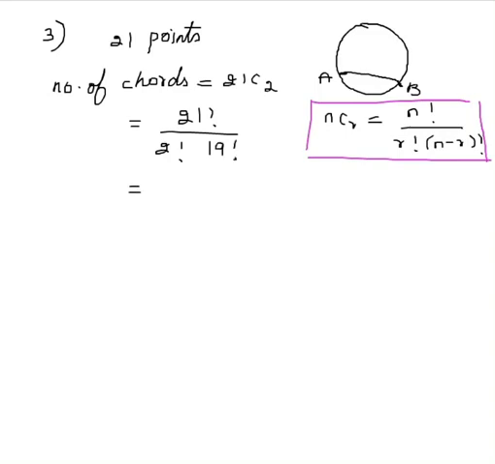Let us cancel 19 factorial from 21 factorial. 20 times 21 divided by 2 factorial is 2. 210 chords can be drawn.